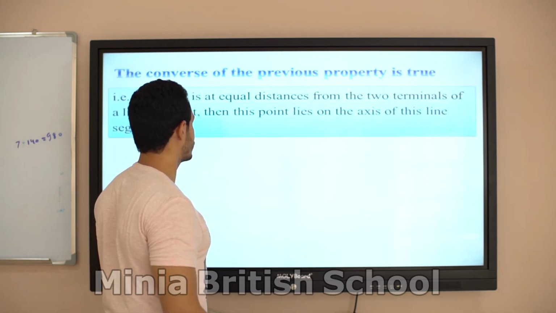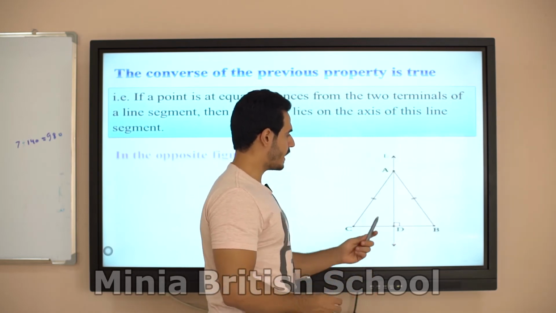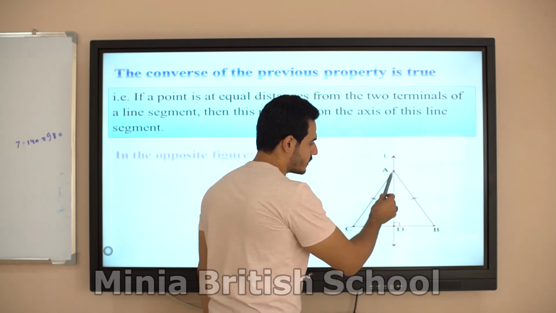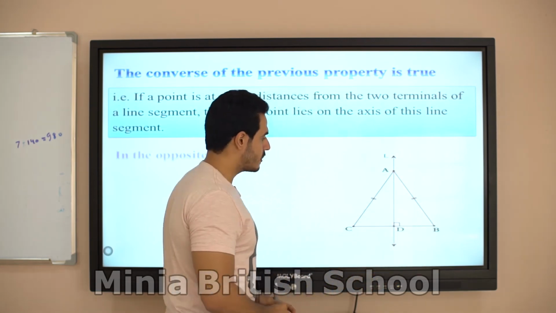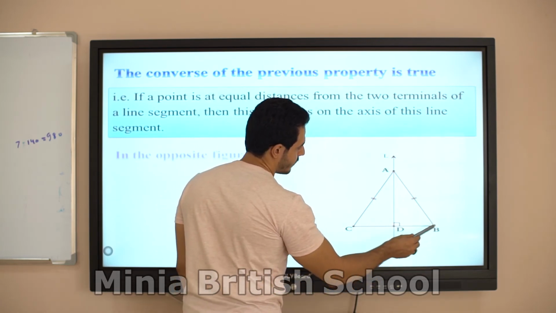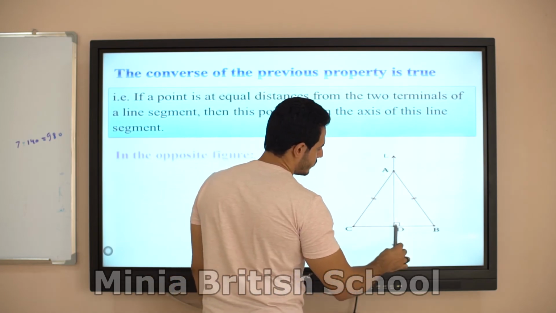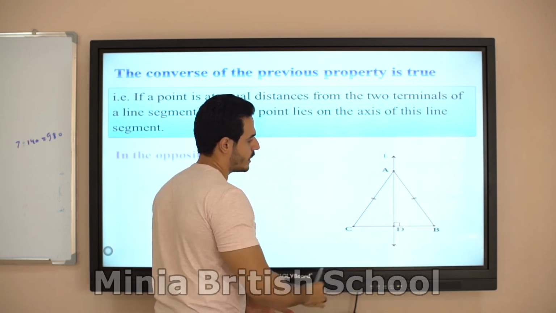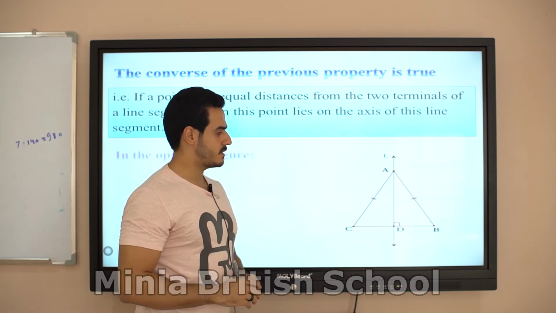Now let's take the converse of the property. If I have point A at equal distance from the two terminals of a line segment, the two terminals meaning the two ends, okay? So if I have AB equal to AC and D is midpoint or D perpendicular, then L or AD is axis of symmetry of this line segment.